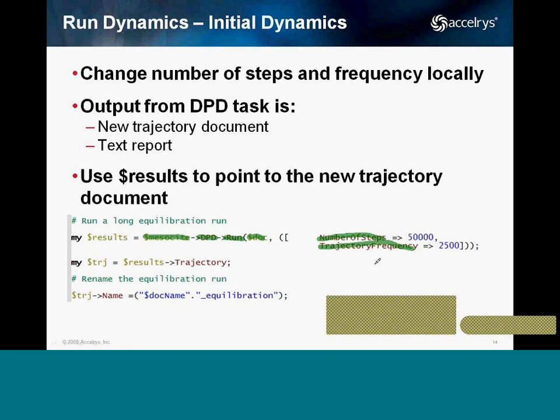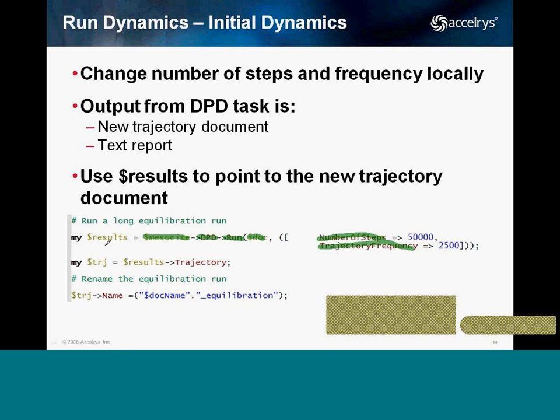The other thing about this, which was not in the first version but was introduced in the second version of Material Script, was the ability to call a results task. So when you run a calculation such as dynamics, what you're obviously going to do is create a new document, a trajectory document.